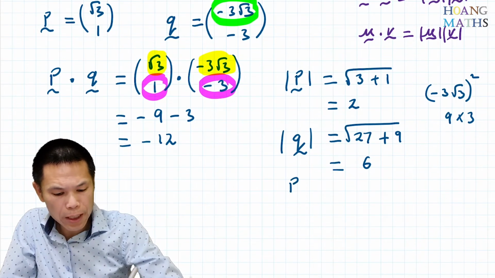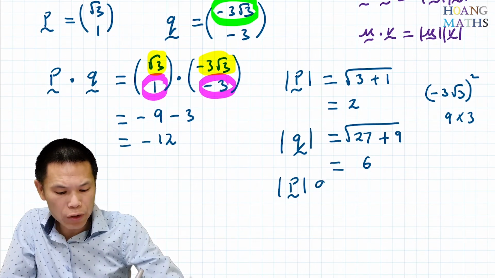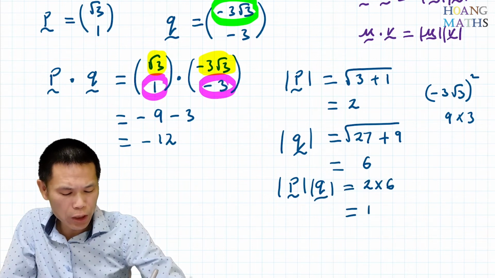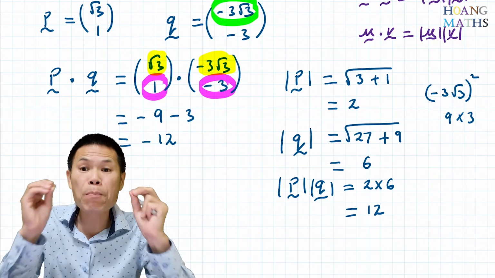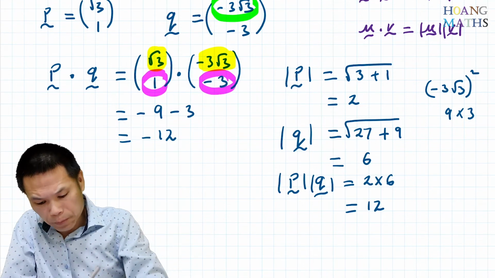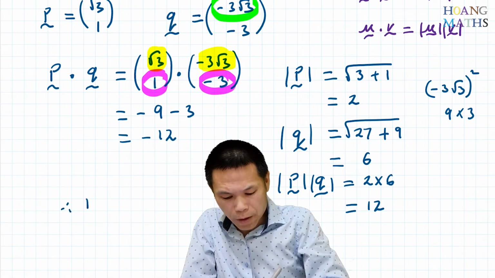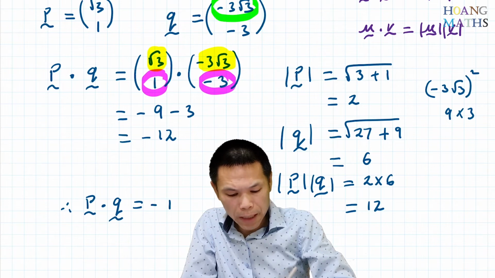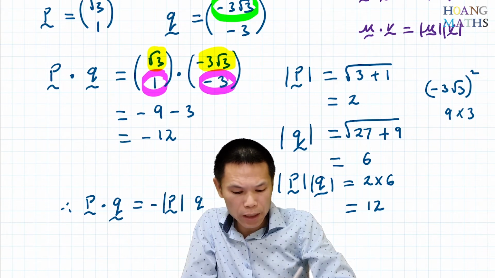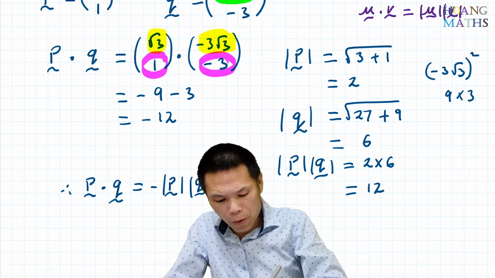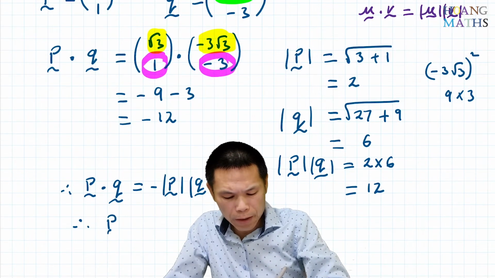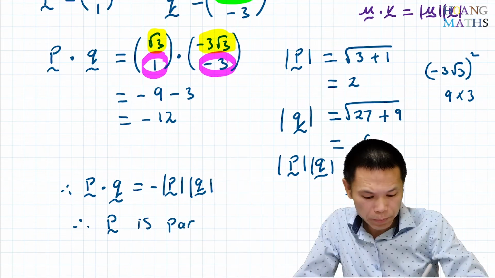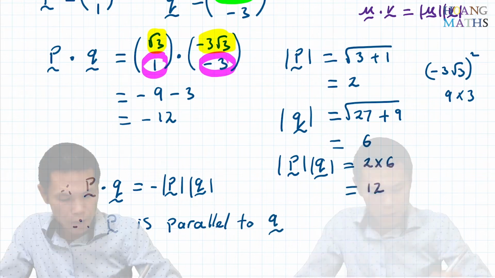Now magnitude of P times magnitude of Q. So that will give me 2 times 6, which is 12. So they are the same but opposite directions. So therefore, P dot Q is equal to negative magnitude of P times magnitude of Q. So there you go.